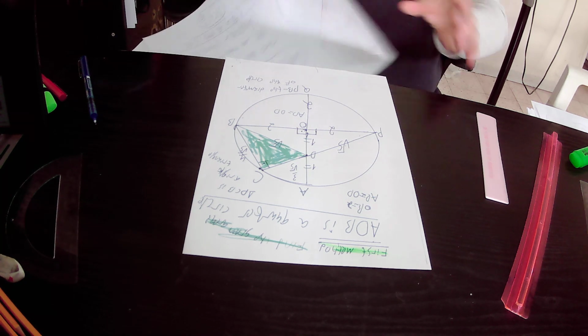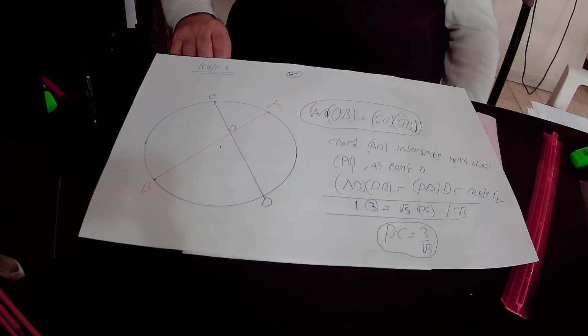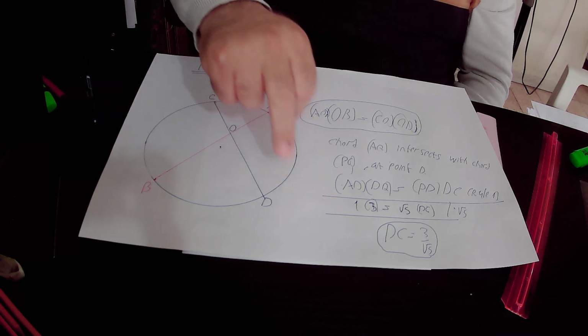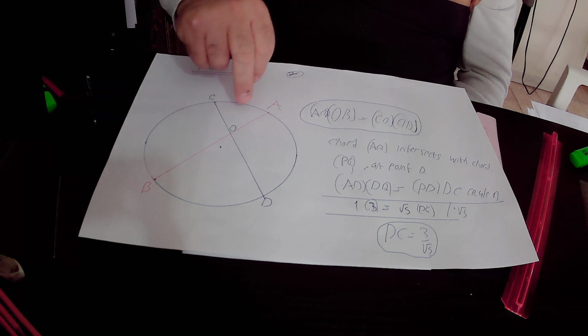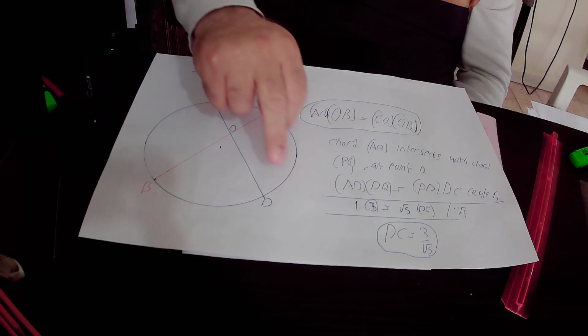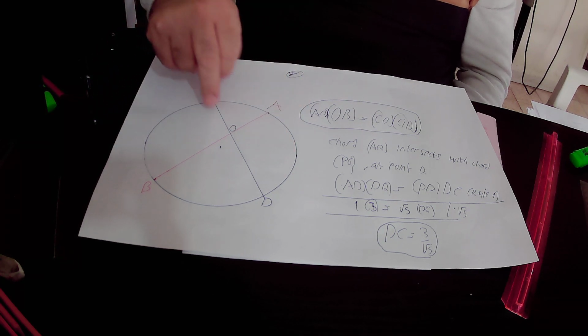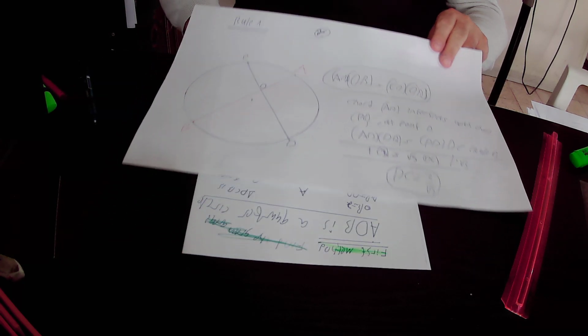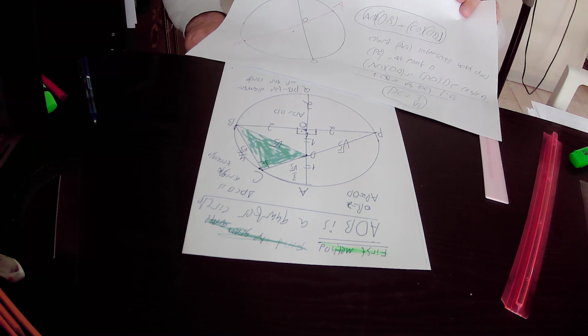What is rule number 1? Rule number 1 states that if chord AB intersects with chord CD at point O, then AO times OB equals CO times OD. Actually, we can implement rule number 1 in our drawing. Why?